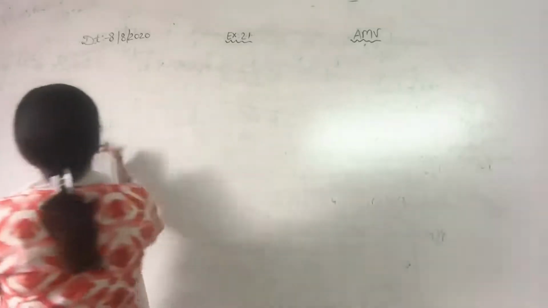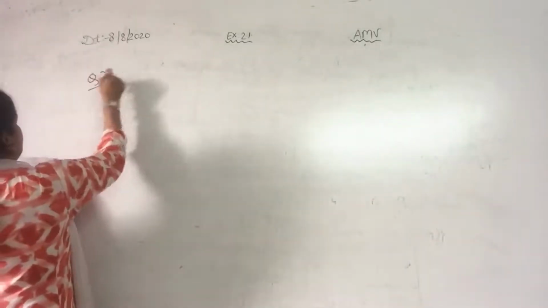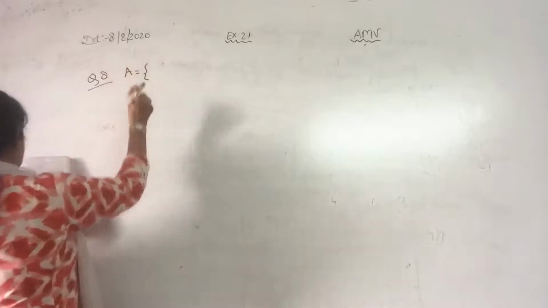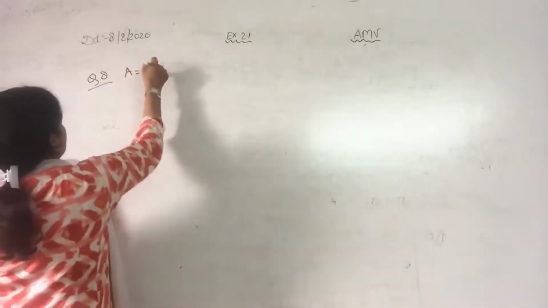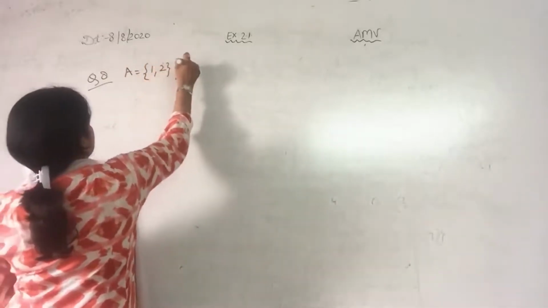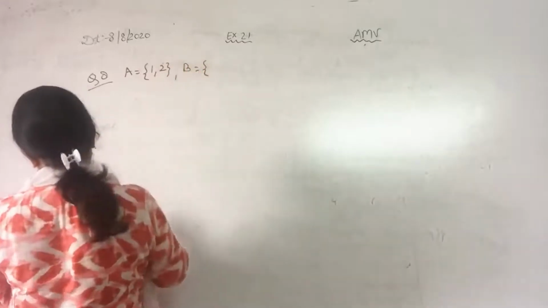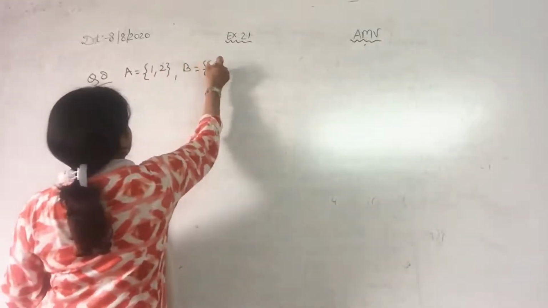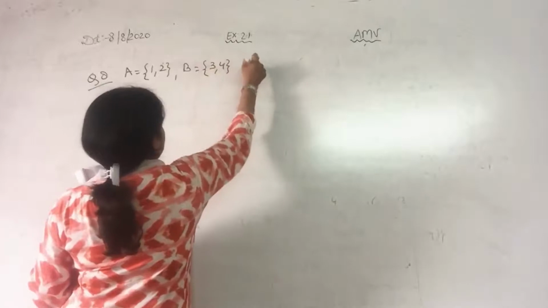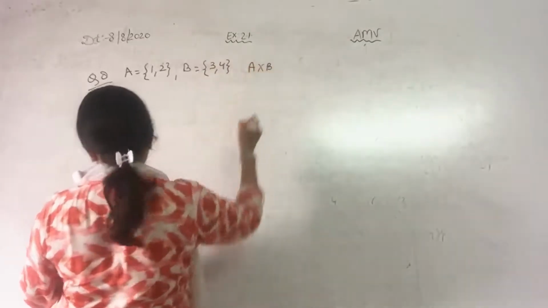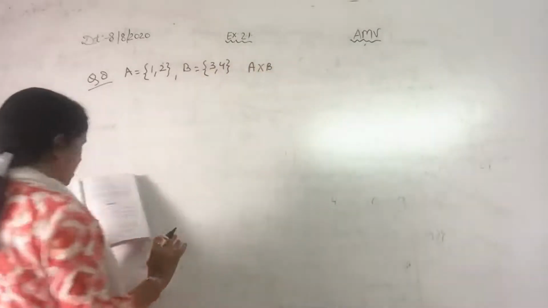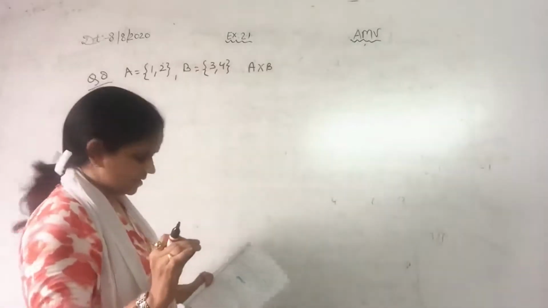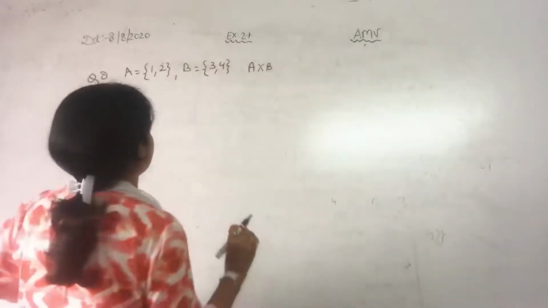Now, question number 8. Here A is given, it's {1, 2}. Okay, B is also given, it's {3, 4}. Then we have to find the Cartesian product A×B, and how many subsets will the Cartesian product A×B have?